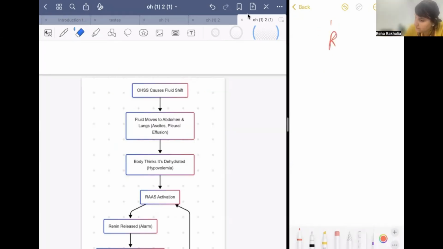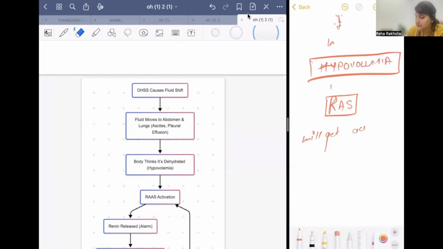RAS will get activated because the body thinks that it has lost water and there is hypovolemia. So RAS will get activated, because the body will think there is hypovolemia.